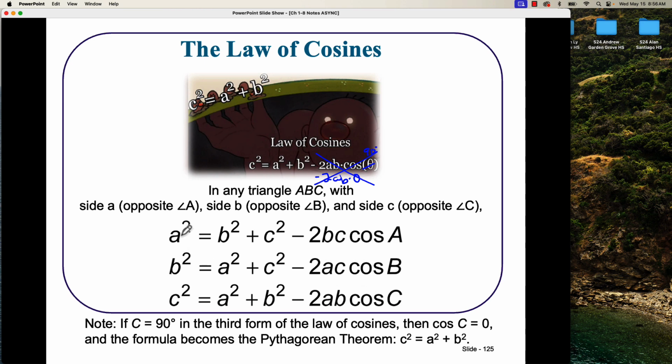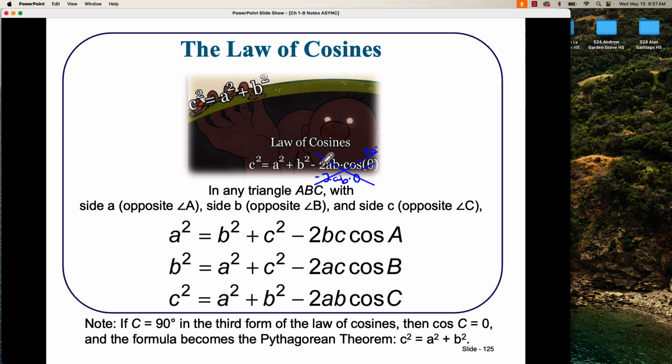Notice this one here: little a squared equals little b squared plus little c squared less 2, and then it takes these ones, their product, bc, times cosine of the included angle A. Here we have b squared equals a squared plus c squared less 2ac cosine of B. And once more, c squared equals a squared plus b squared less 2ab cosine of C.